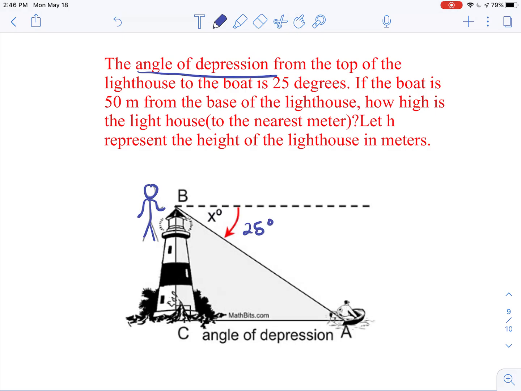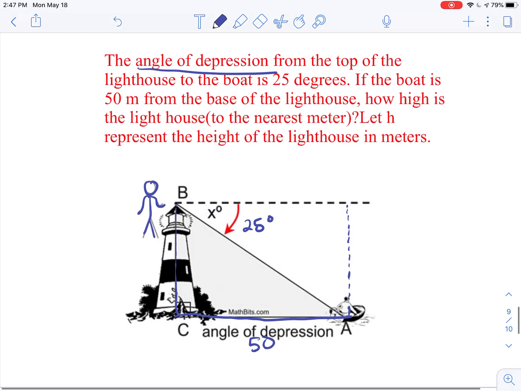Now, if the boat is 50 meters from the base of the lighthouse, well, that means from here to here is 50. Well, we have some trouble here because that's not where my angle of depression is. Well, if we think about this as a rectangle, right?